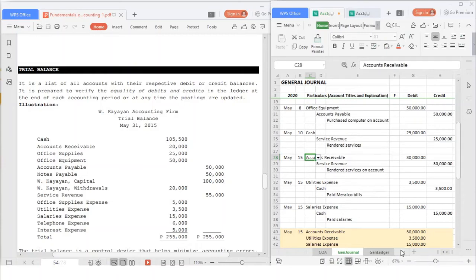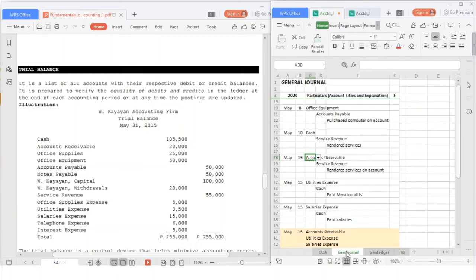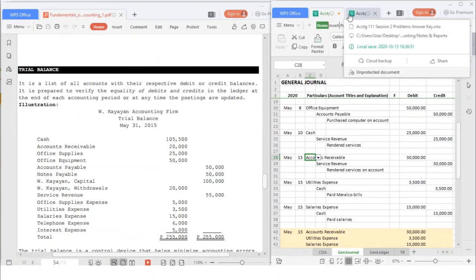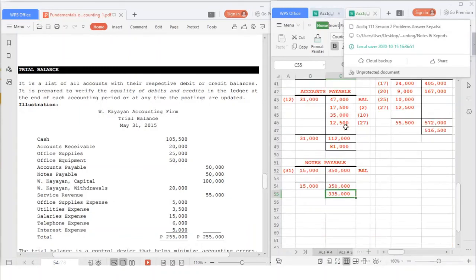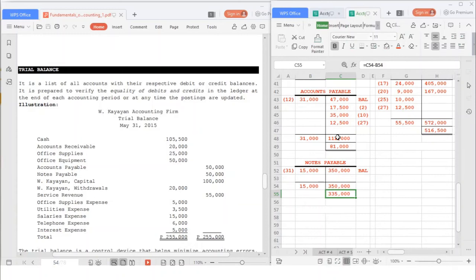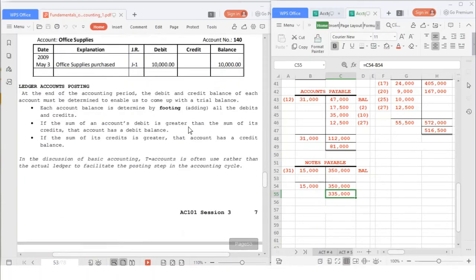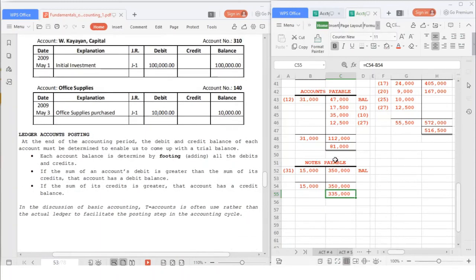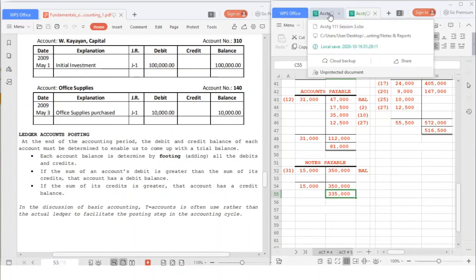For general ledger purposes, we will use the accounts, as shown earlier. For posting, we will just use the accounts for discussion purposes, but in actual practice you will know the actual ledger. For discussion, we will be using the accounts to facilitate the posting. That is what you can expect.